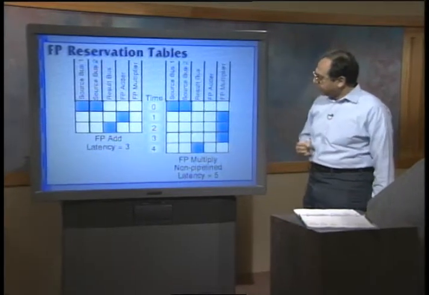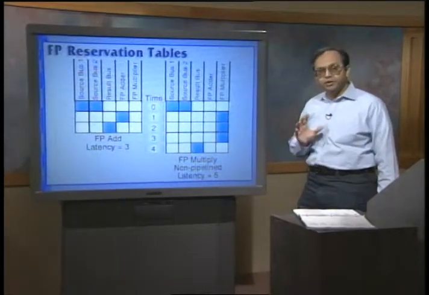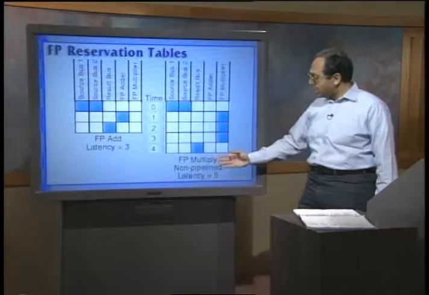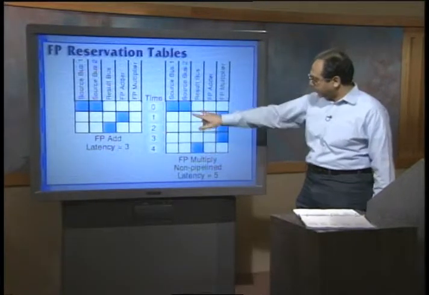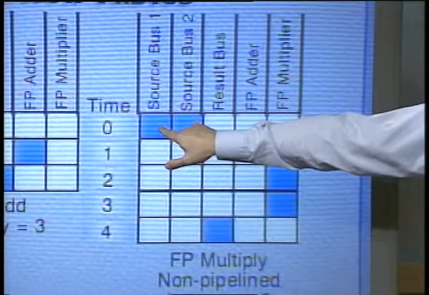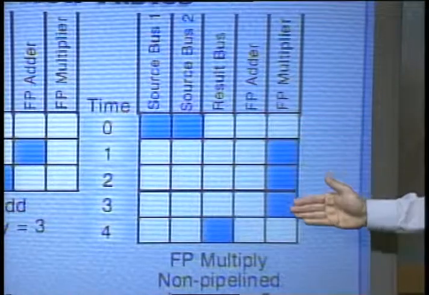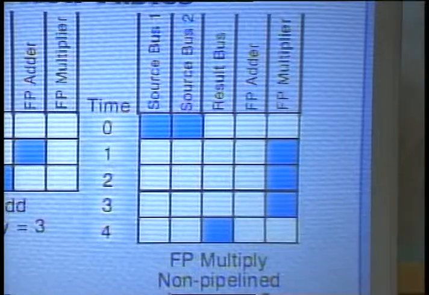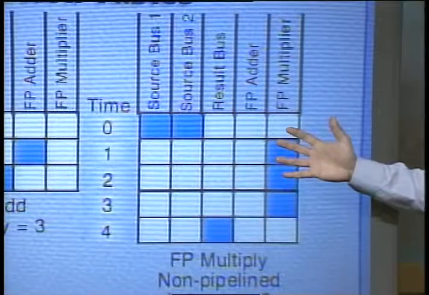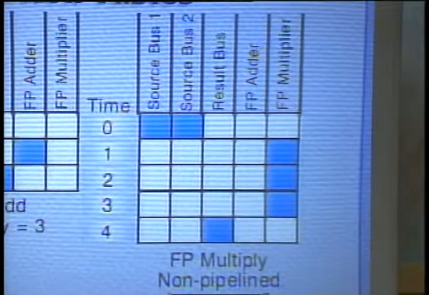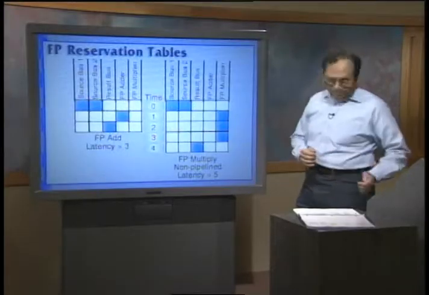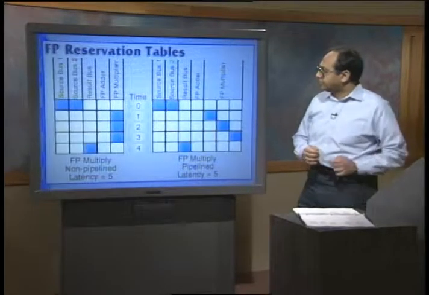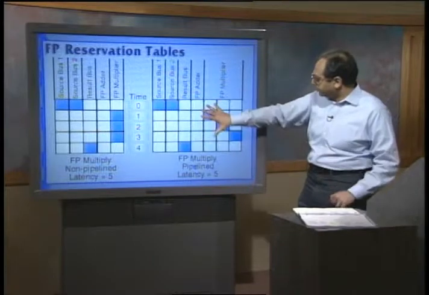Over here is the equivalent reservation table for a non-pipelined floating point multiply. Once again, we use the two source buses in the first cycle. We use the floating point multiplier for 3 cycles since it's non-pipelined, and then the result bus. If the floating point multiplier were pipelined, we would have a slightly different structure for it.